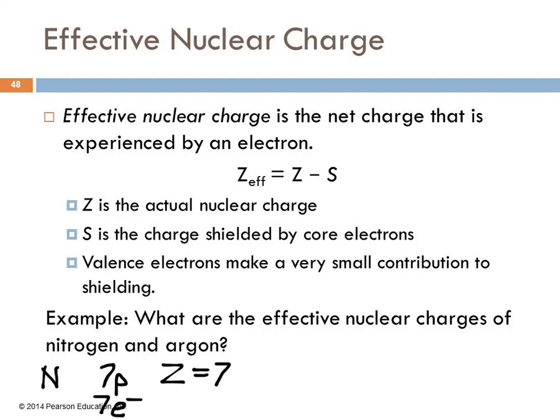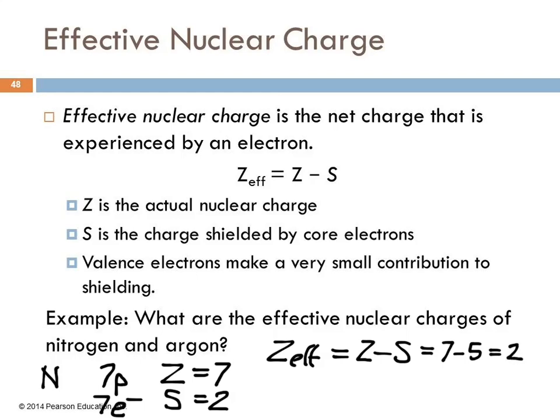How many valence electrons does nitrogen have? 5. We look at the periodic table, group 5A. If it's got 5 valence electrons, how many core electrons does it have? 2, it's just the difference. So the number of core electrons is 2. So then the effective nuclear charge, Z effective, is Z minus S, 7 minus 2, or 5.